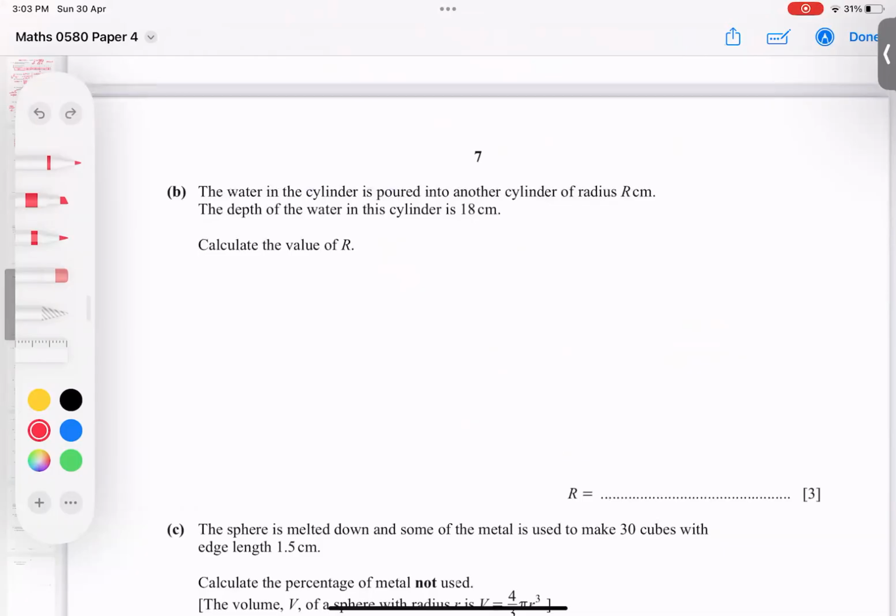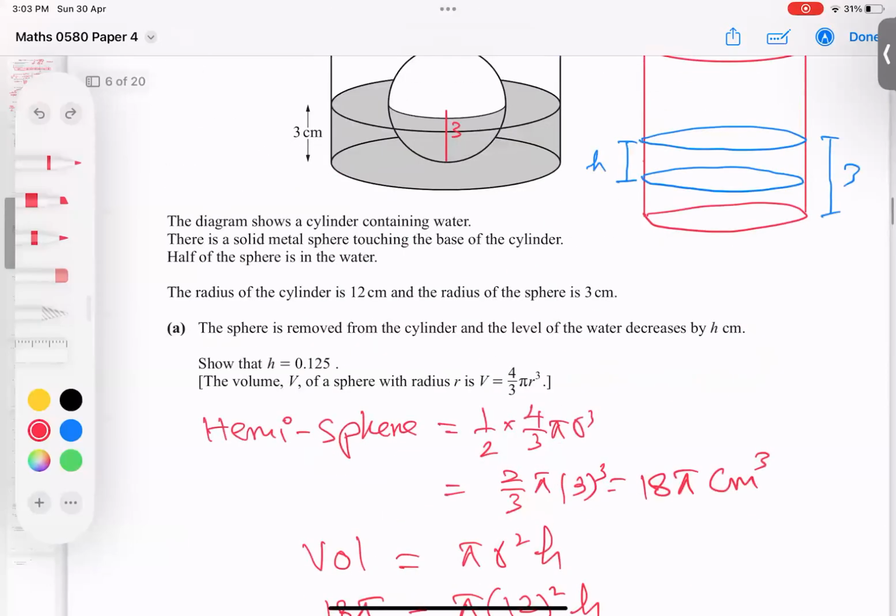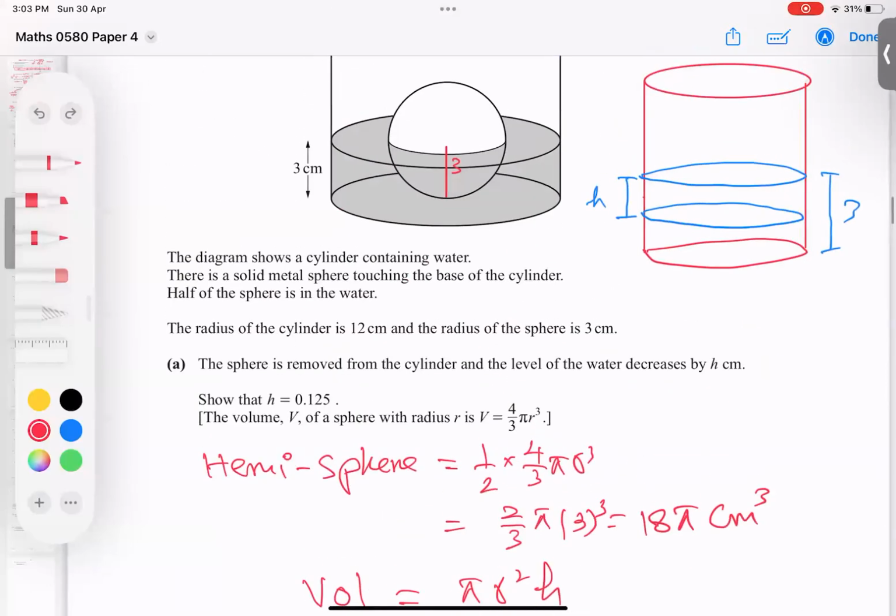The water in the cylinder is poured into another cylinder of radius r. So let's say there is another cylinder, smaller or bigger, anyway the radius is r. First of all, we must know how much water is inside. This is very interesting.